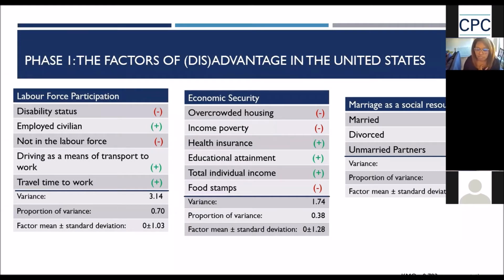My results lend some weight that labor force participation is a key dimension in the United States as well. But unemployment is not the only component of labor force participation, and that also has to be recognized. Transportation and support for the disabled also become important.